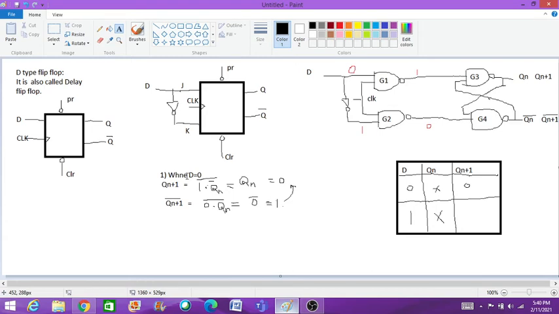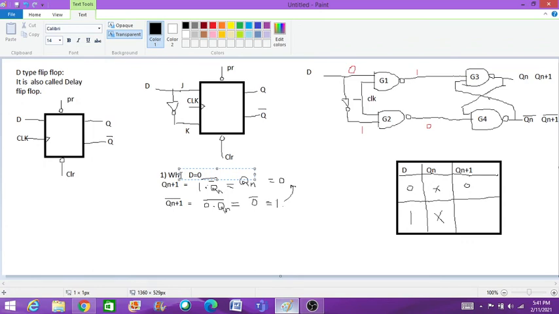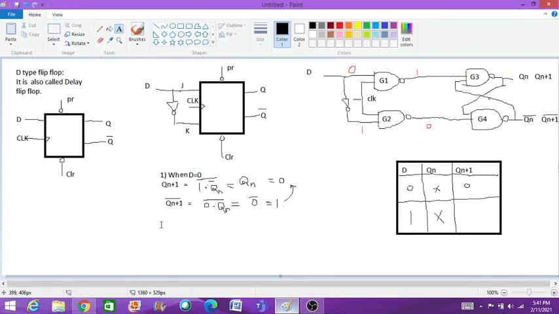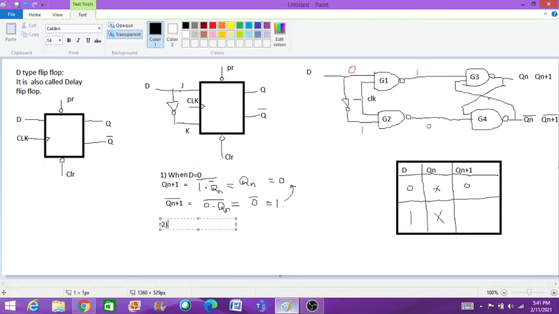Now the second condition, when D is equal to 1, what will happen?